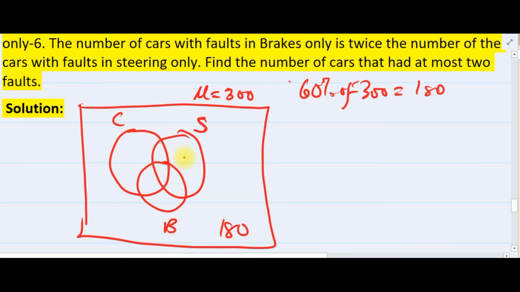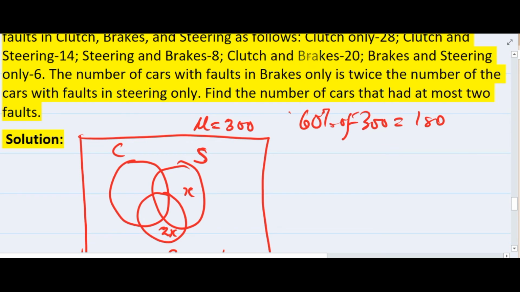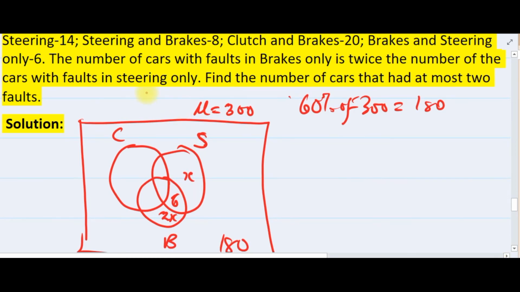So if steering is X, remember only, that was why I had to put that one first, because it has only. So we've gotten that. They said brake and steering only is 6.